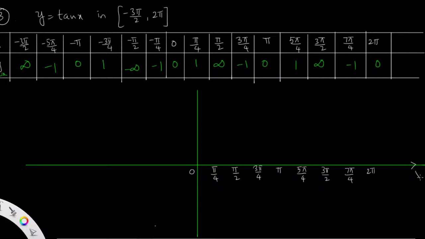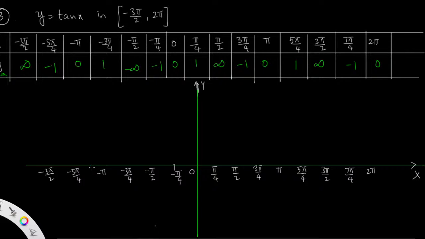This is on the x-axis. This is on the y-axis. So here also say minus pi by 4, minus pi by 2, and then minus 3 pi by 4, and then minus 5 pi by 4, then minus 3 pi by 2.